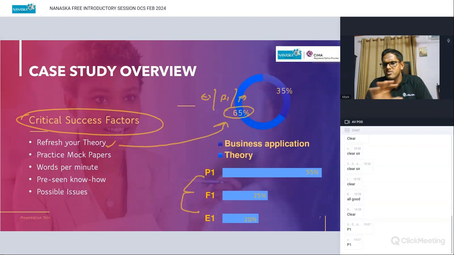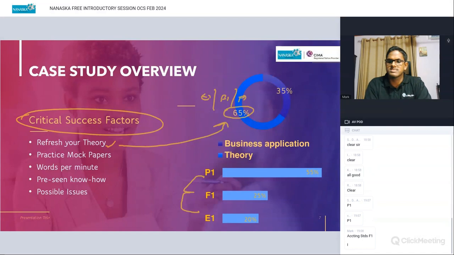Then F1. In F1, you will have all the accounting standards that are relevant. So what are the accounting standards relevant for F1? Anyone who can, what are the accounting standards for F1?